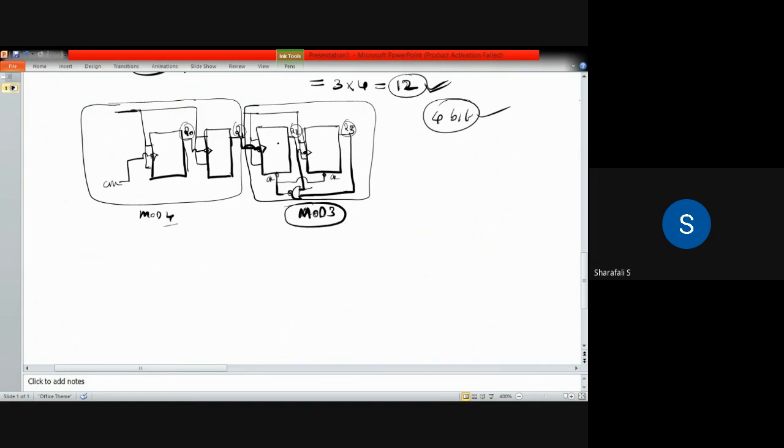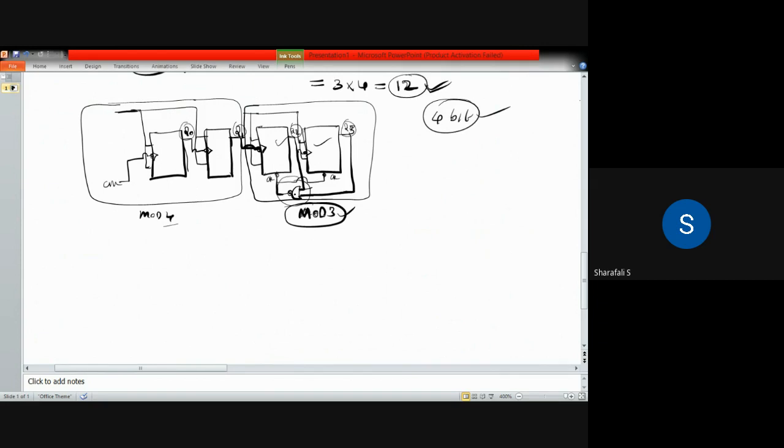Even though we are having 2 flip-flops here, we are having mode 3 because we connected a NAND gate, which is arranged in such a way that it will stop once it reaches the binary number equivalent to 12.